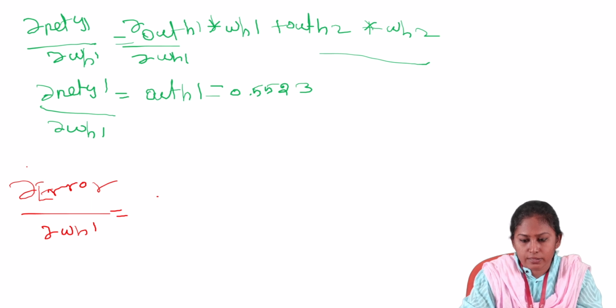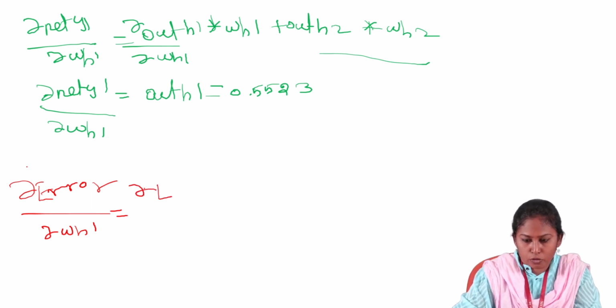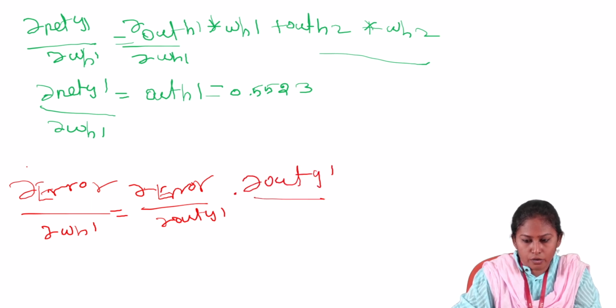That means what we calculated is dou error with respect to dou out y1 into dou out y1 divided by dou net y1 into dou net y1 divided by dou WH1.